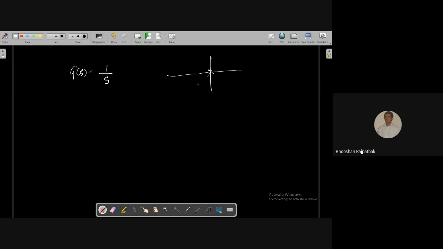In that, if you have one or a pair of poles on the j omega axis, your system is marginally stable. If you have repeated poles on the j omega axis, your system is unstable. So this is not a repeated pole. This is a single pole on the j omega axis. So is this system stable?